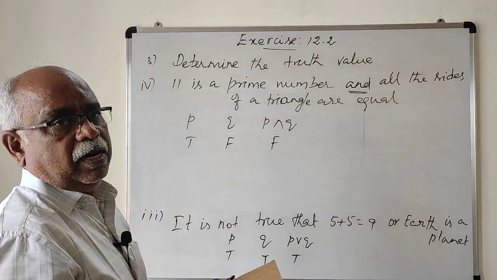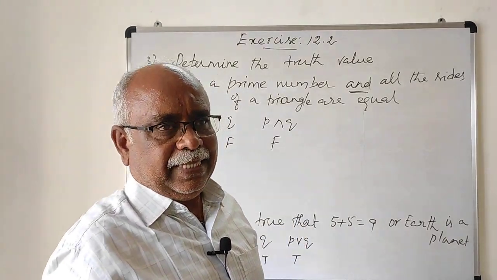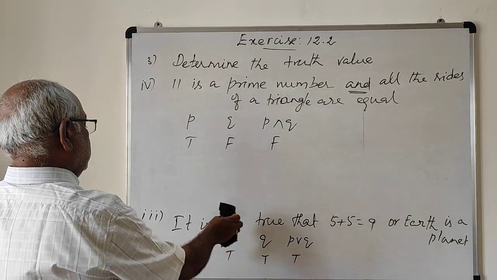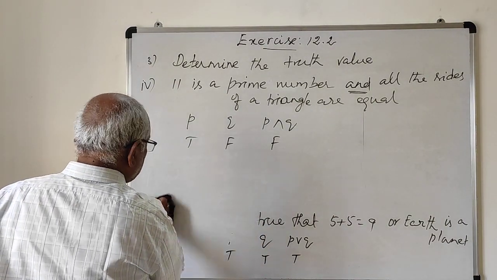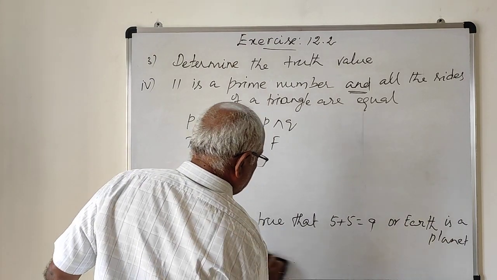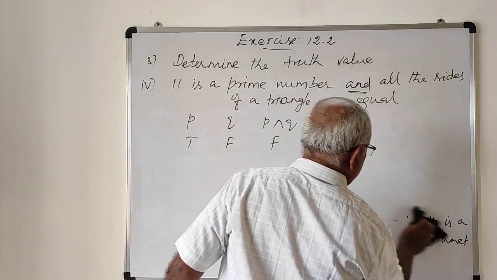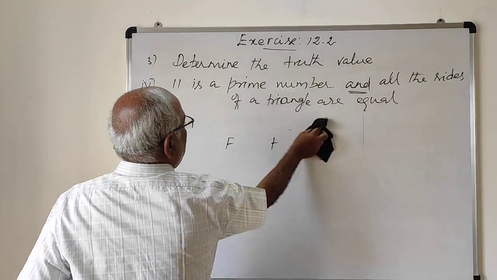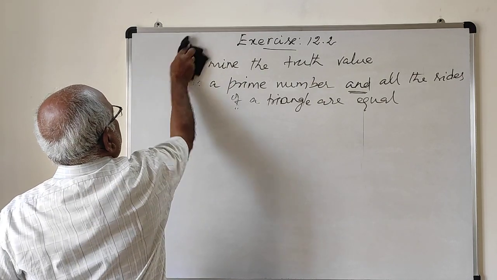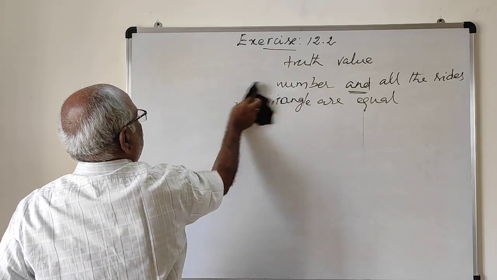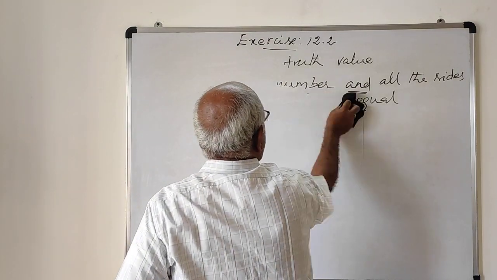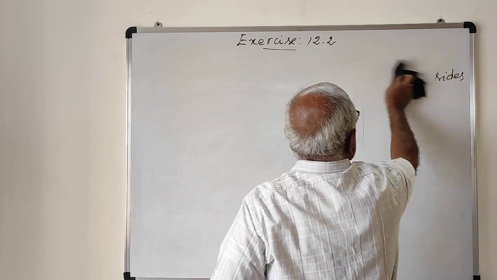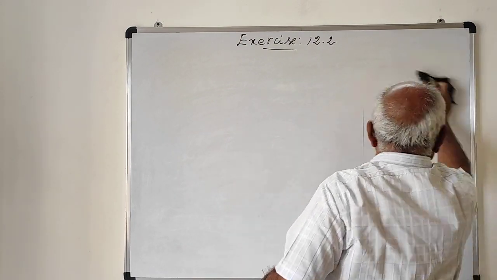Some sentences are given and they ask you to check which one is a proposition and which is not a proposition. You have to say which of the following sentences are propositions. That is our problem 4.